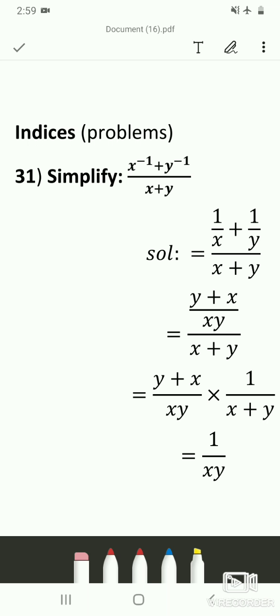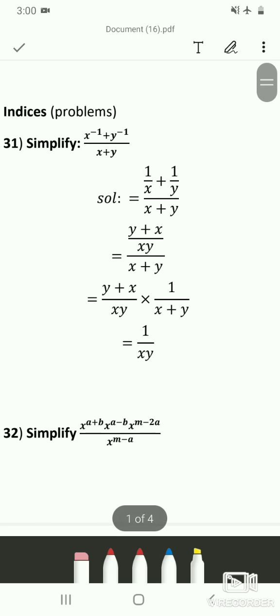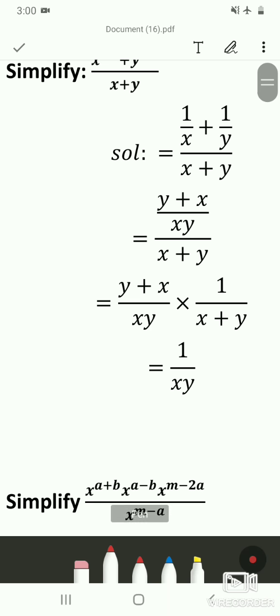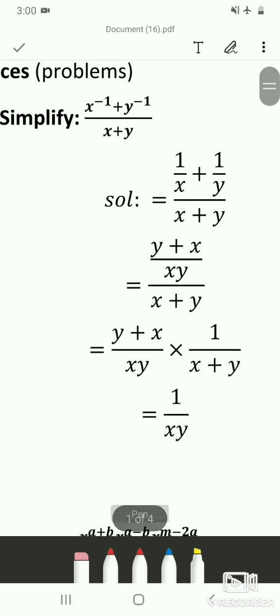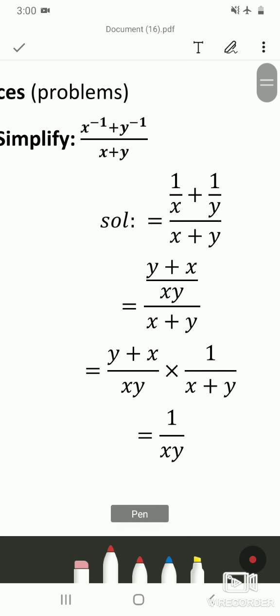So the first problem is simplify x raised to minus 1 plus y raised to minus 1 whole divided by x plus y. So even this is an easy problem. So in the first step, you can see in the numerator they have given x raised to minus 1 plus y raised to minus 1.